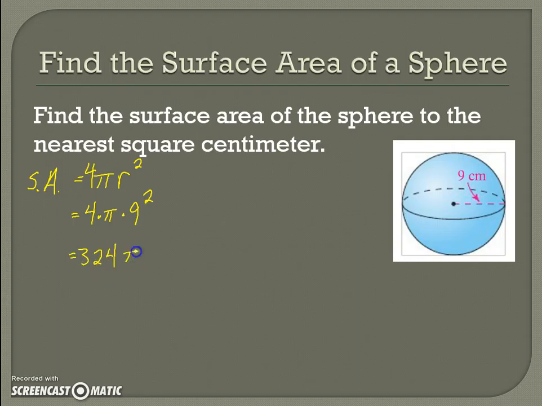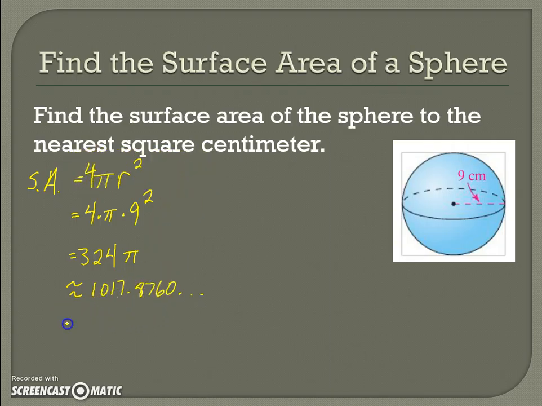Keep pi. And then we could go ahead and multiply this out by pi. I'll use my calculator here. And I get approximately 1017.8760, some stuff. All right, it says to round to the nearest square centimeter, so I'm rounding here.